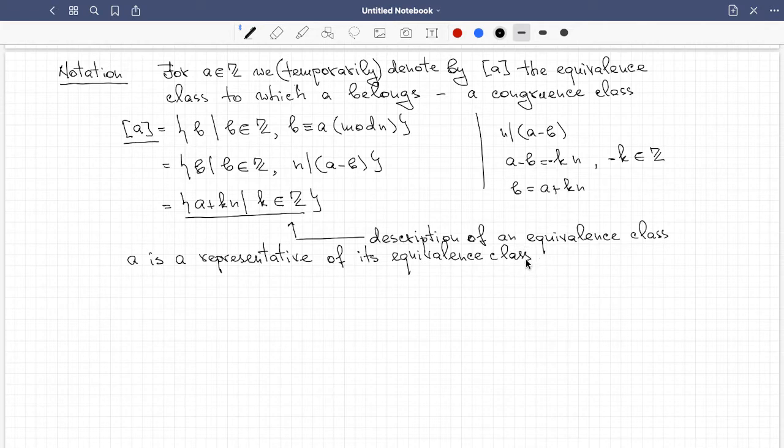Every element is a representative: a plus n, a minus 17n. They are all representatives of the same equivalence class, this one, which is denoted as a in brackets.